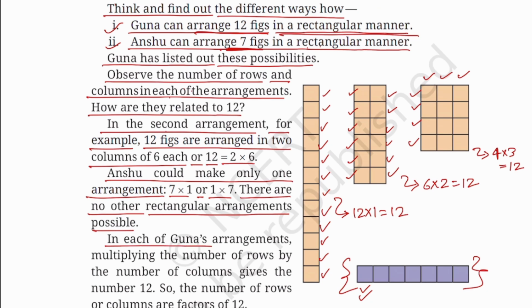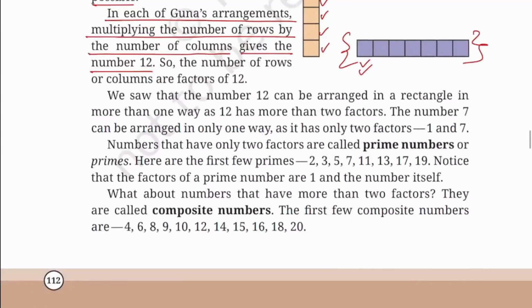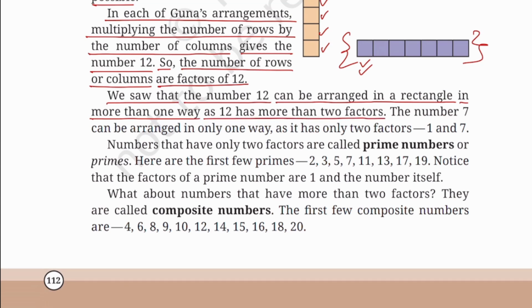In each of Guna's arrangements, multiplying the number of rows by the number of columns gives the number 12. So, the number of rows or columns are factors of 12. We saw that the number 12 can be arranged in a rectangle in more than one way, as 12 has more than two factors.